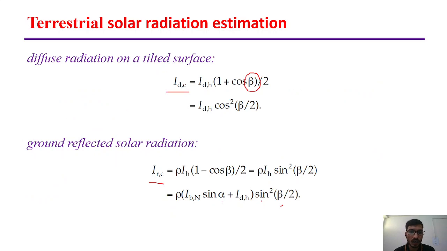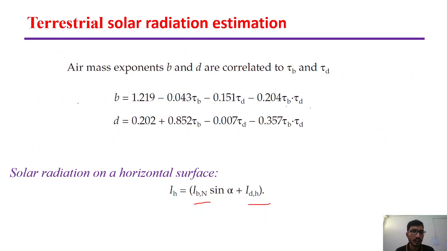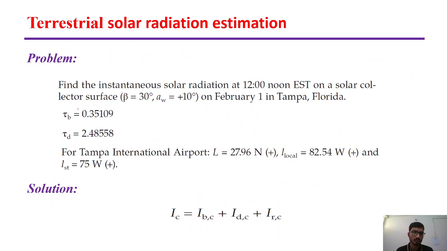So let's understand the applications of these different angles in calculating the radiation over a surface. The question says: find the instantaneous solar radiation at 12 noon EST, that is 12 noon local standard time LST, on a solar collector surface.